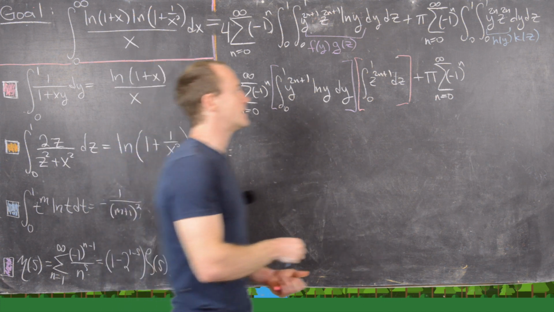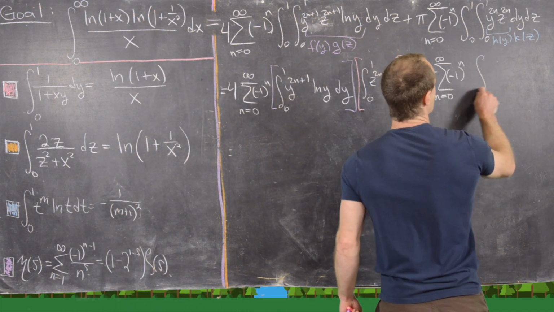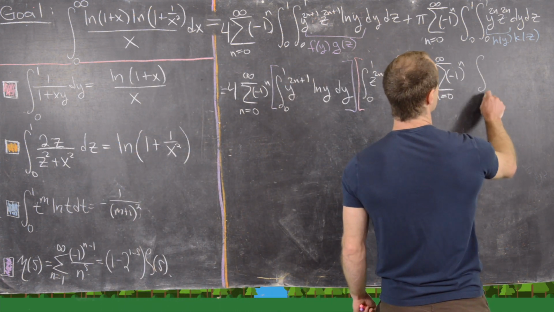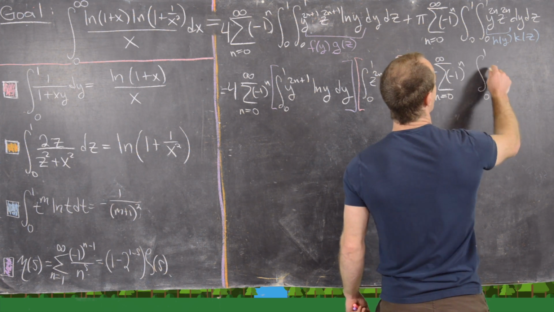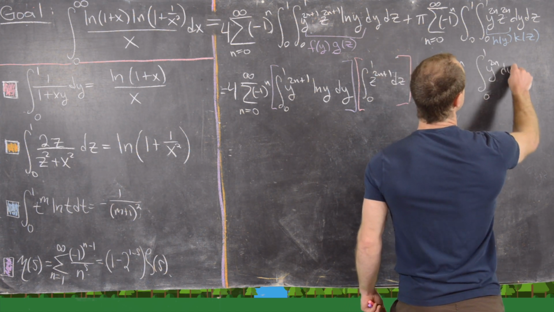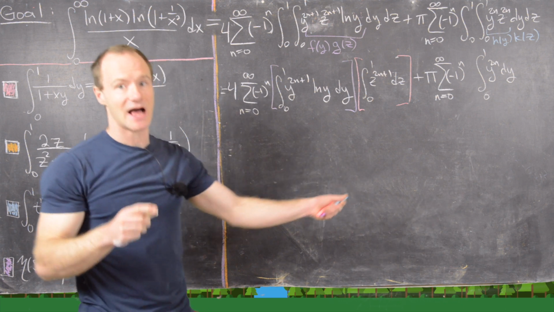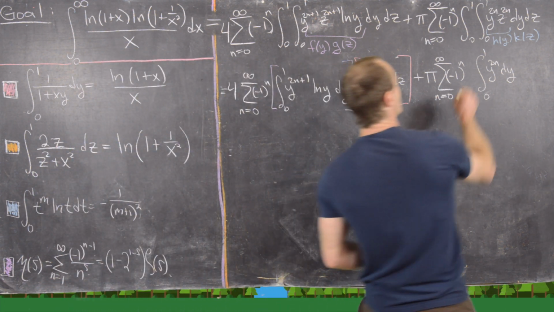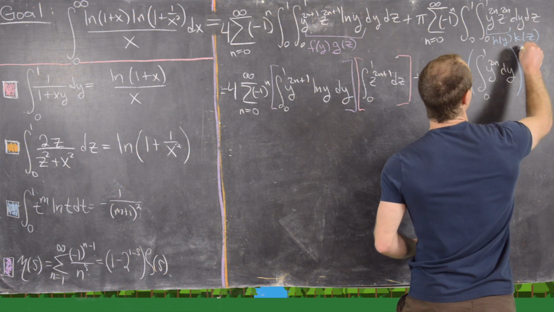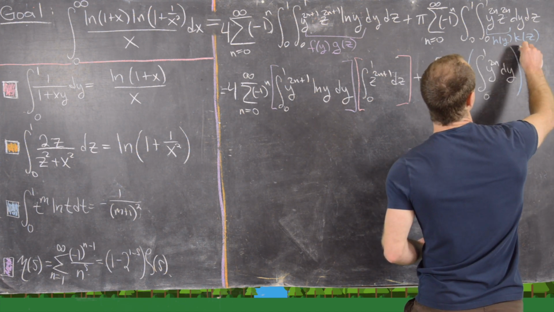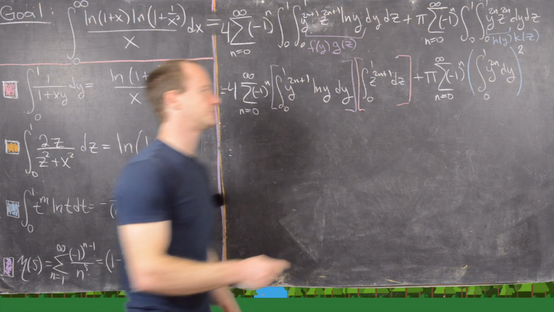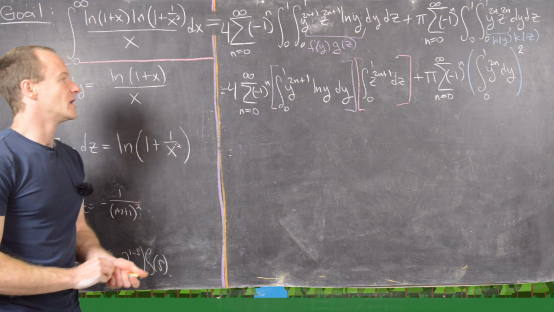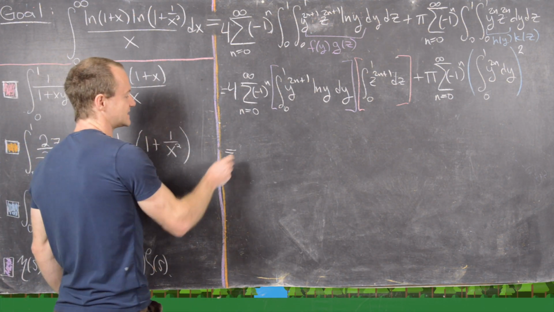So we might as well write it the following way: the integral from 0 to 1 of y to the 2n dy, times that same integral with y's replaced with z's, but they're the same, so I can just change that to this integral squared.